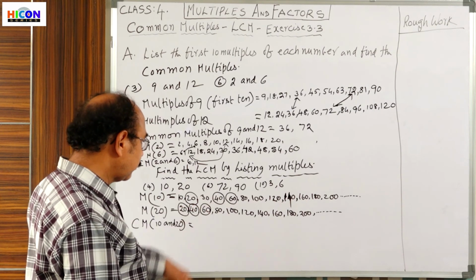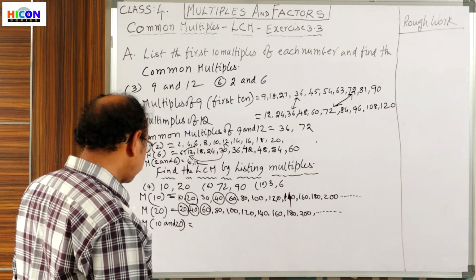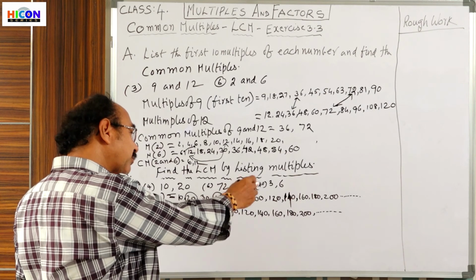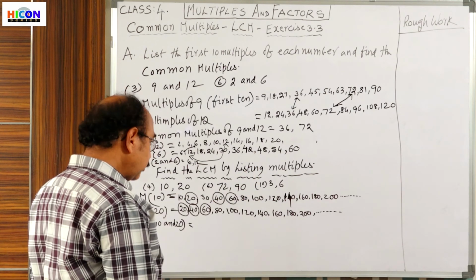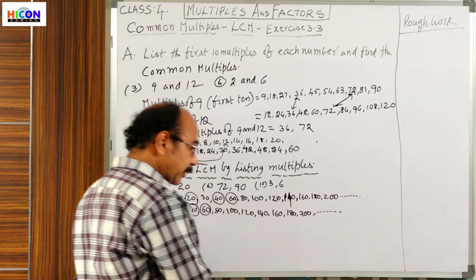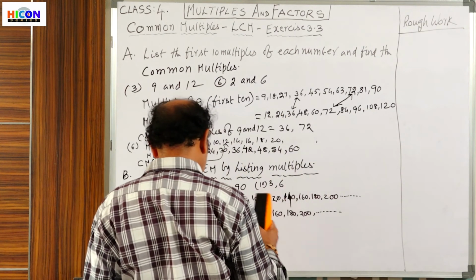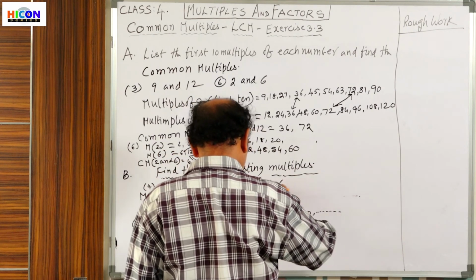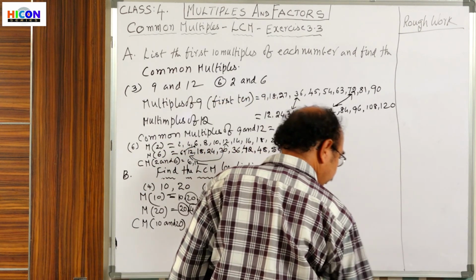Here you see, children, you forgot some numbers: 10, 20, 30, 40, next 50, 60, 70, 80 like that. You missed some numbers here. So we write some more numbers, rectifying that.